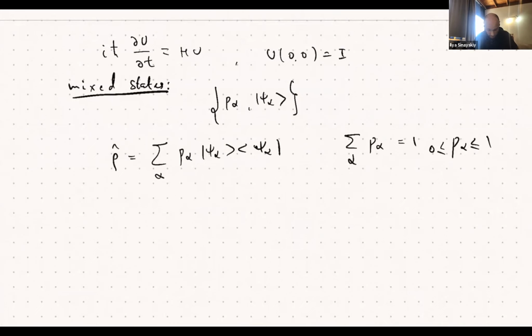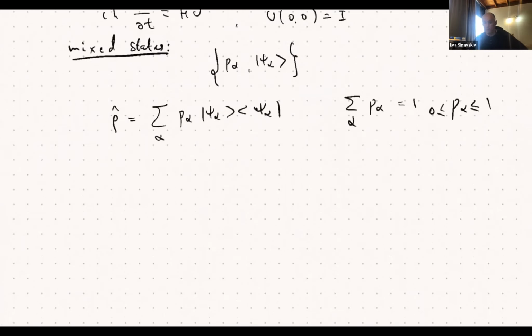Okay, and this density operator will be our primary object of work, because there are very few examples where you can start with a pure state, and due to the interaction with the environment, the system will remain in a pure state. It happens, but extremely rarely, for very exotic cases. Usually your system starts in some state, and with some probability it goes to one state due to interaction with the environment, and with some other probability it goes to some other state.